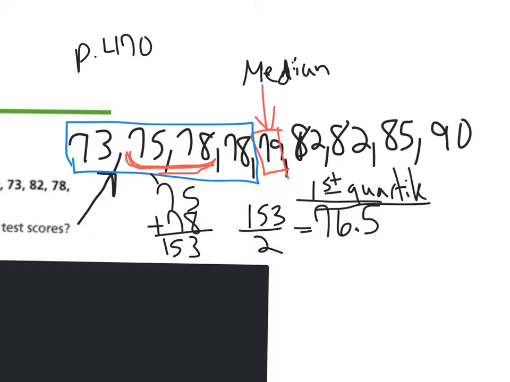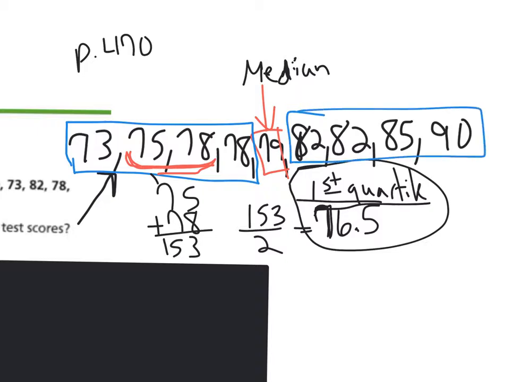And then we'll be doing something similar for our upper quartile. Upper quartile as well, we have 4 numbers up here, so we have 2 middle numbers would be the 82 and 85, so we're going to average those out.